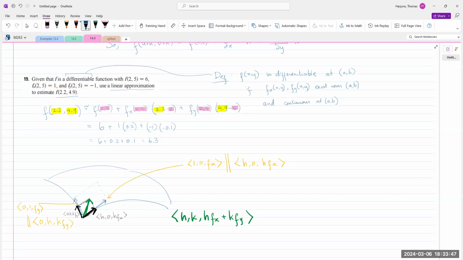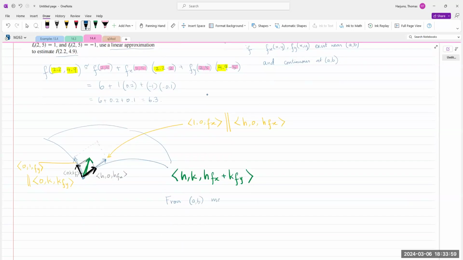In other words, if you start from (a, b) and move in the direction of (h, k), then the function f at (a, b) will increase by h times f sub x of (a, b) plus k times f sub y at (a, b).